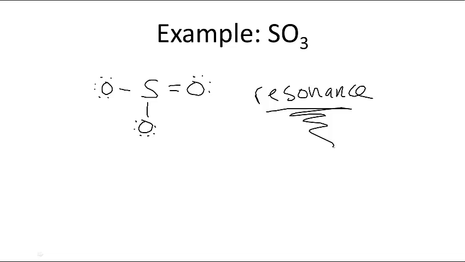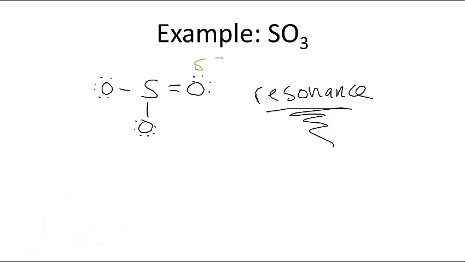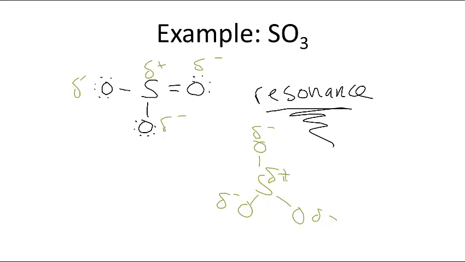So even though you have partial negativity here, essentially what you're going to get if you do the 3D is this. 3 domains, trigonal planar, partially negative all the way around, partially positive in the middle, nonpolar because it's symmetric. And it's symmetric because of resonance.